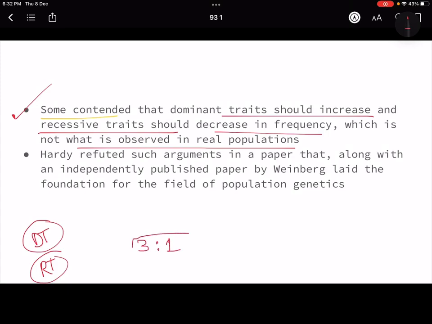That means in 3 cases, whether homozygous or heterozygous, the dominant allele was expressing itself. The recessive allele expresses in 1 as compared to 3 of the dominant. So the dominant trait should have increased, but this did not happen.